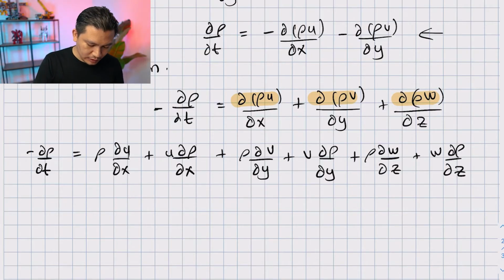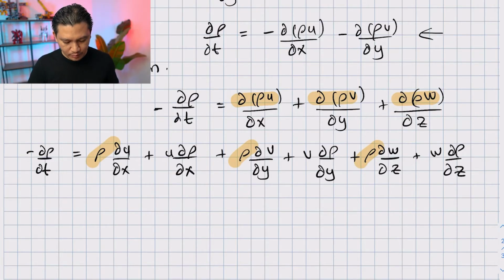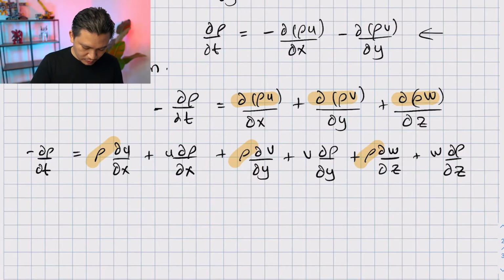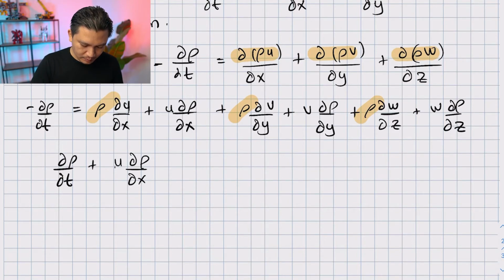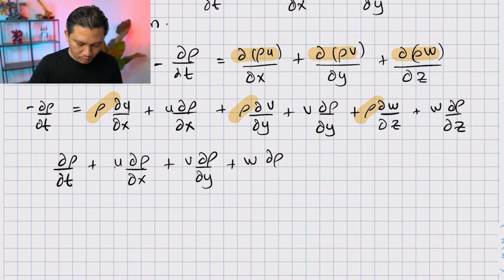Next, I'm going to arrange the rho terms together. And if I move everything to one side and equate everything to 0, this becomes del rho over del t plus u del rho over del x plus v del rho over del y plus w del rho over del z plus rho, and group everything together.